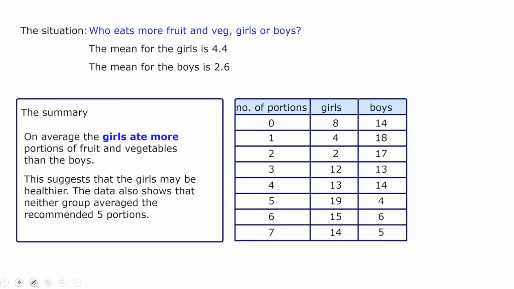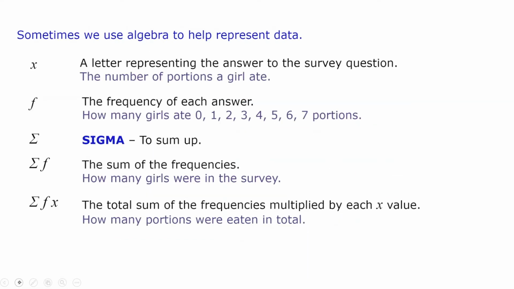Okay, now looking at some terms here, if you were looking at finding the mean from a frequency table on maybe Bitesize, or if you've Googled it, you may see some algebra, some letters that come up in the workings. Now, X, that's a letter representing the answer to the survey question.